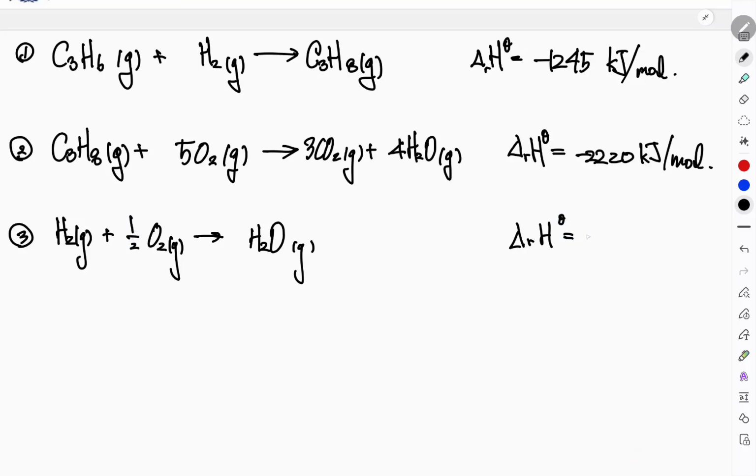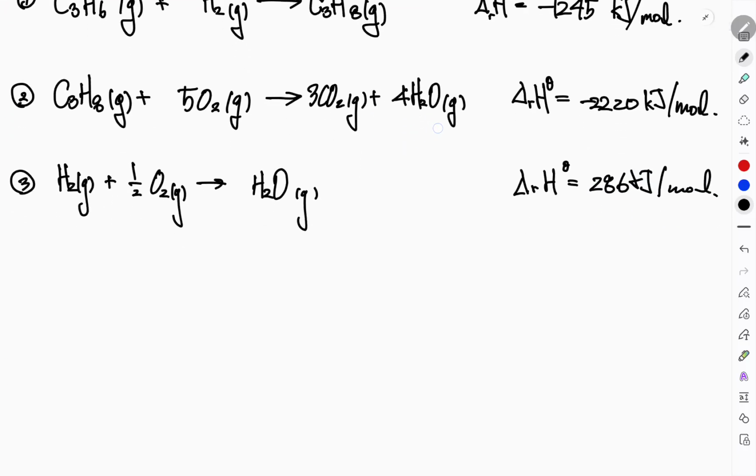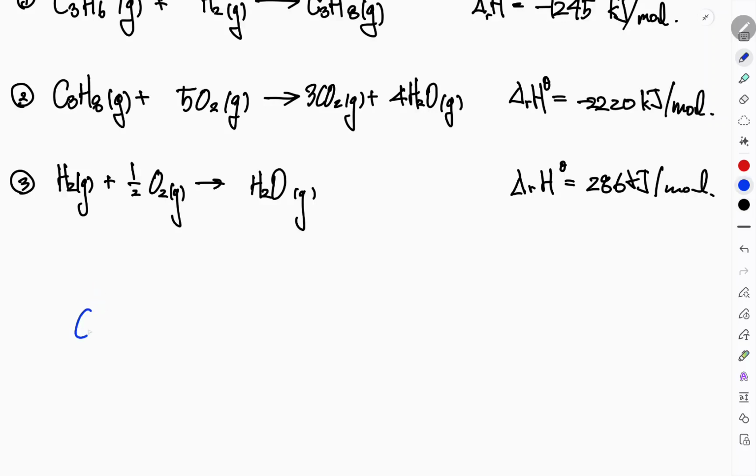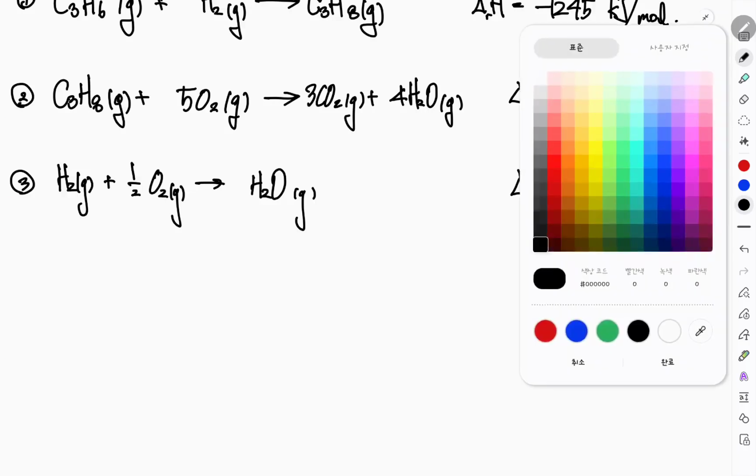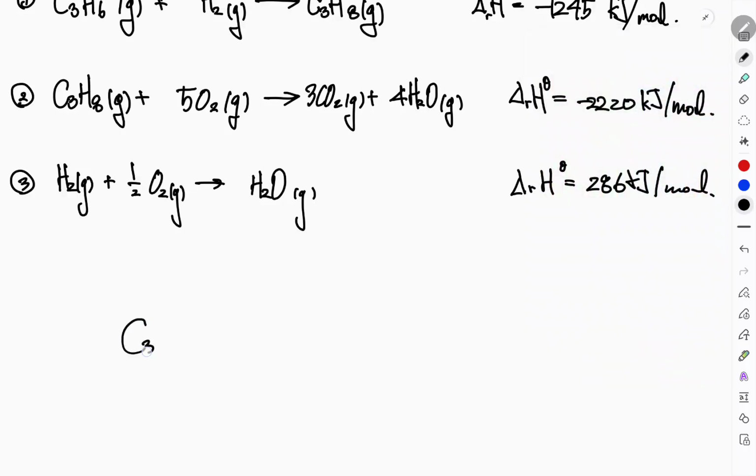It is easy: there are only 3 carbons here. For the hydrogen, in the reactant there are 6 hydrogens, so the coefficient will be 3, and then we can calculate how much oxygen we need.